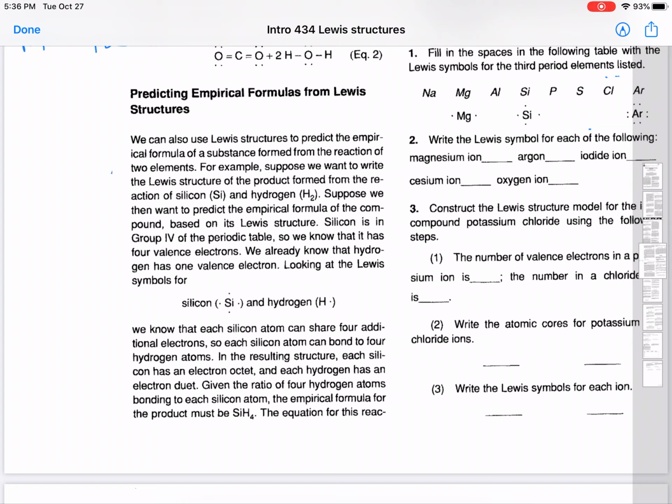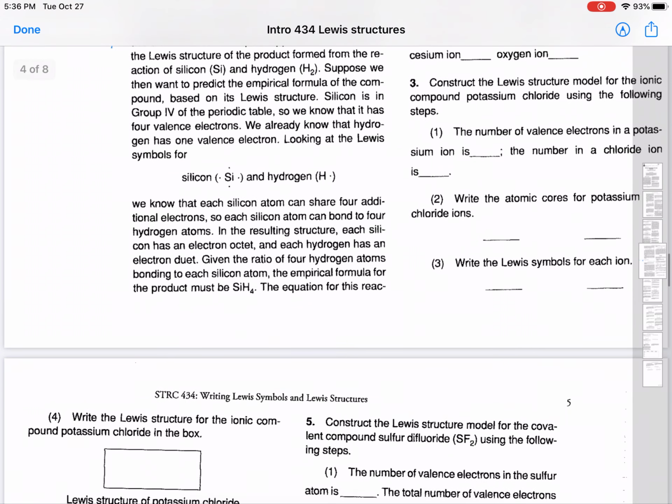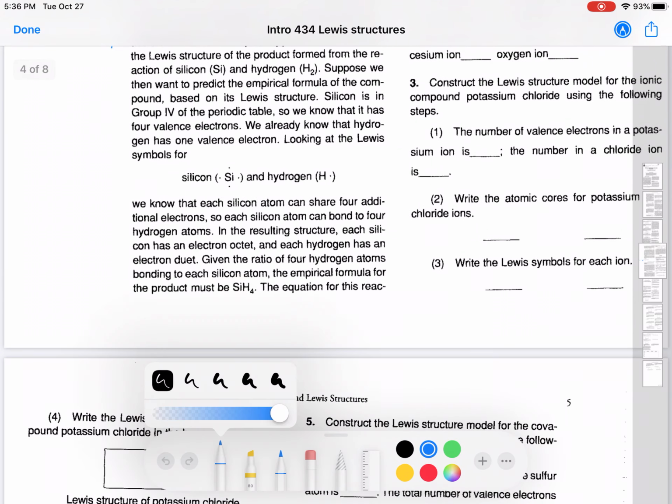The number of valence electrons in a potassium ion. So what is the number of valence electrons in potassium? There would be 1.